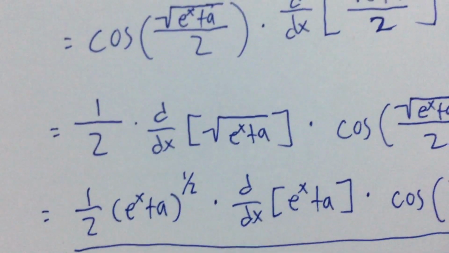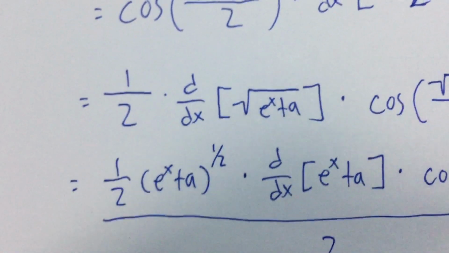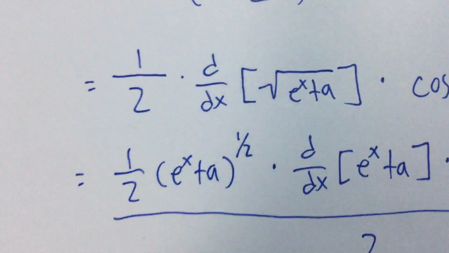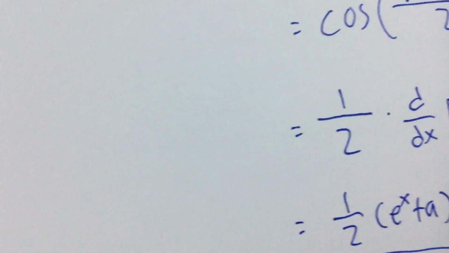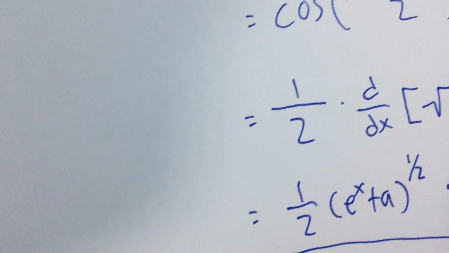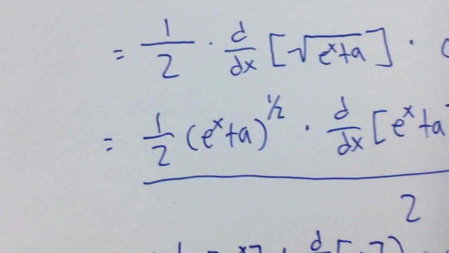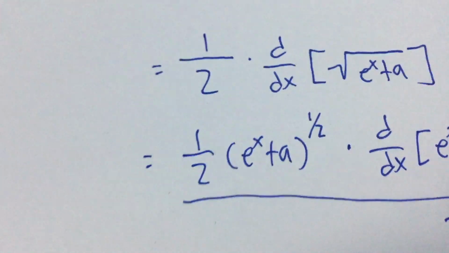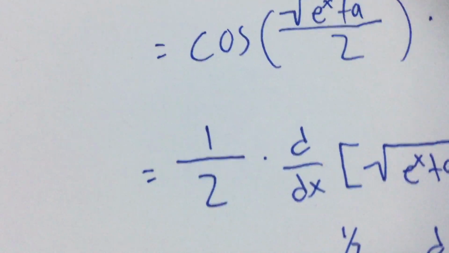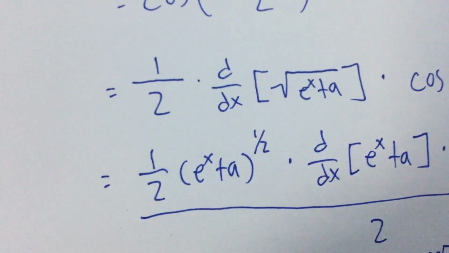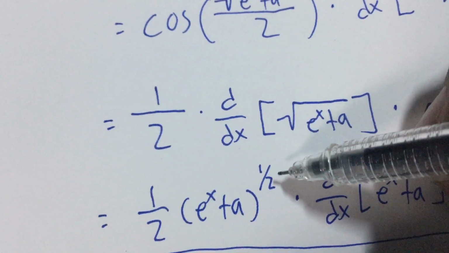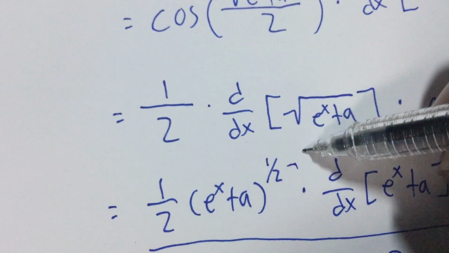In deriving this one, the exponent 1/2 is reduced by 1.